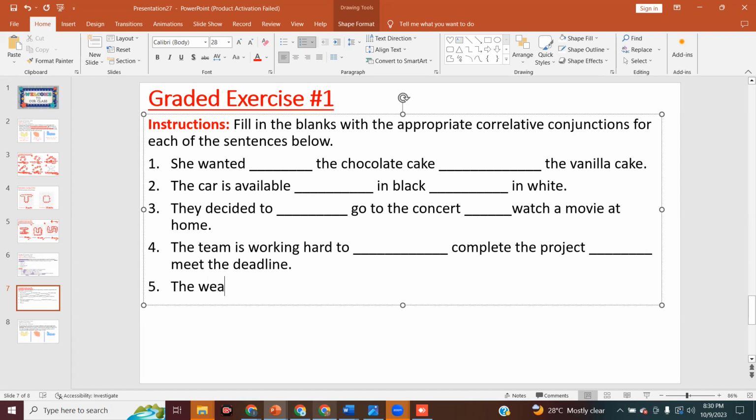The weather forecast predicts rain, snow, sleet tonight.